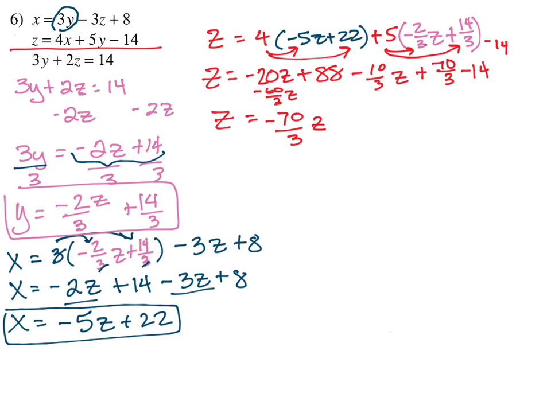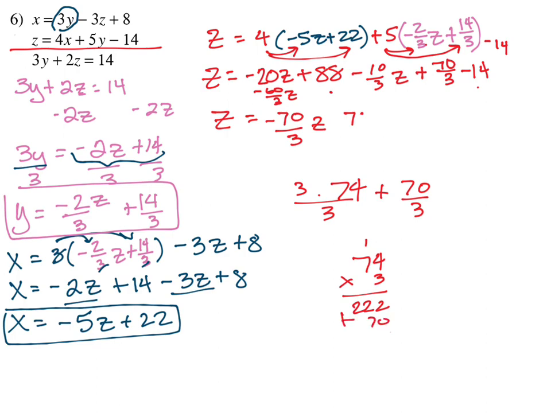And then we've got 88 minus 14. What's a good number for that? 74. 74 plus 70 thirds. Let's see. 74 times 3 over 3. 74 times 3 is 222, plus 70, 292 thirds.